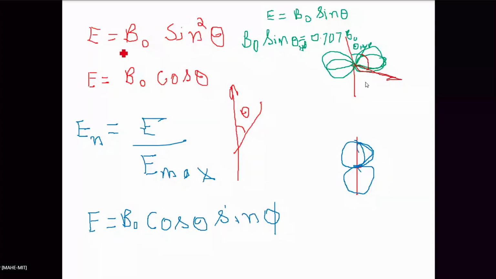Sir, your voice is breaking a lot. Sin theta has half power points at theta equal to 45 degrees and theta equal to 135 degrees. Do you understand this? Hello?